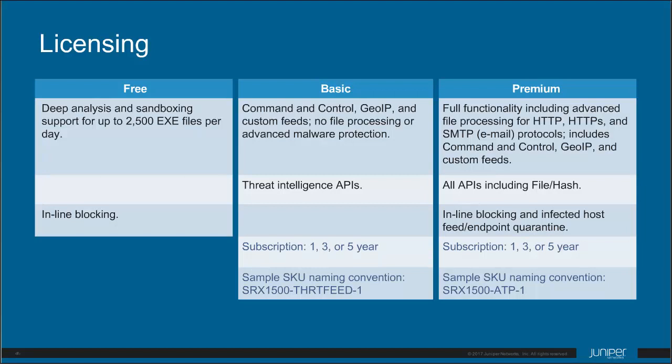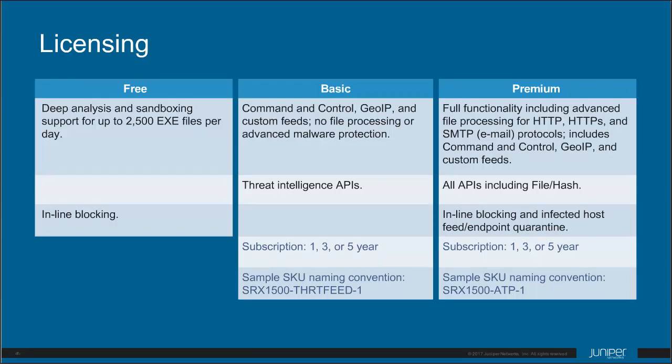Basically what they get is deep analysis and sandboxing, but with a limitation of only 2,500 executable files per day. So they can only analyze this file extension and with that limit. If we have a PDF being downloaded, for instance, it won't be able to be analyzed with the free version. Also, we will be able to do inline blocking. So if we detect a threat that we already know, we will be able to block it straight away before it is downloaded.